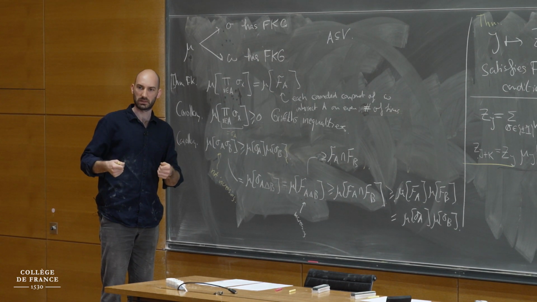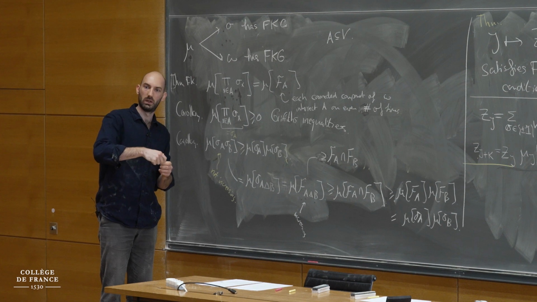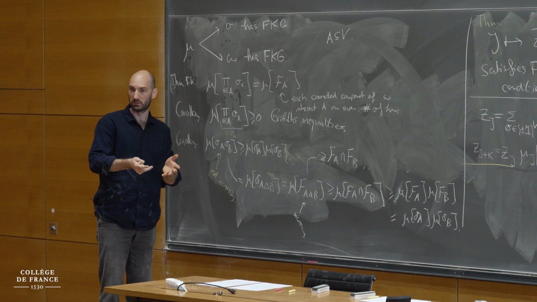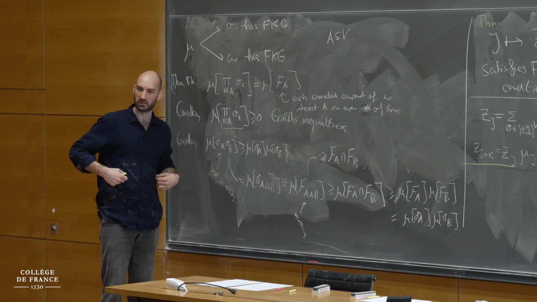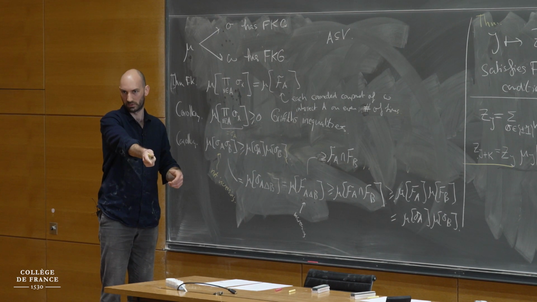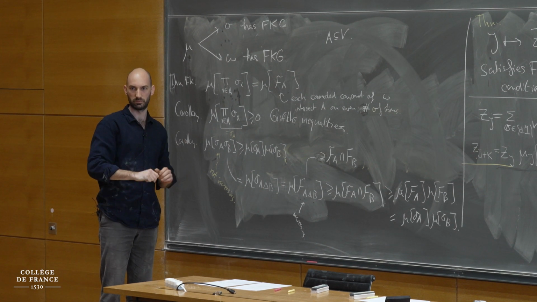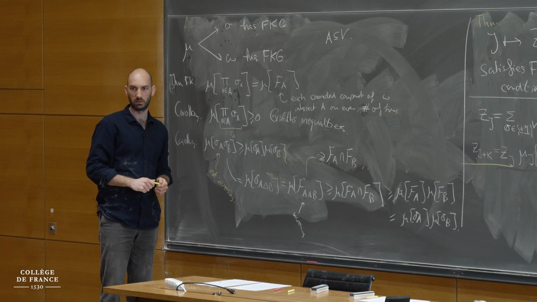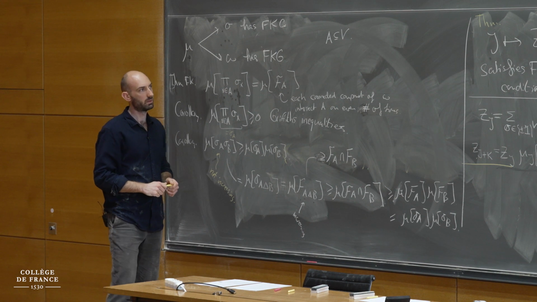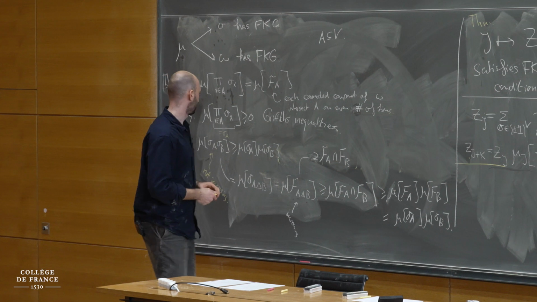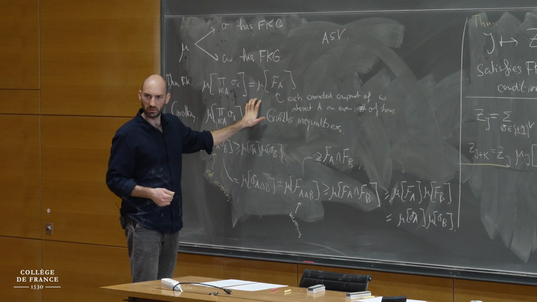Now if each vertex is coupled to other vertices in such a way that the total is even, so if every vertex is coupled to an odd number of different vertices, then they're always minus or plus together. Does this answer your question or not?